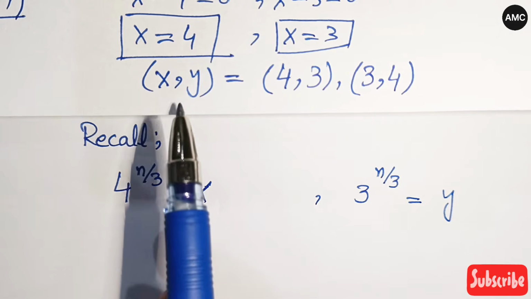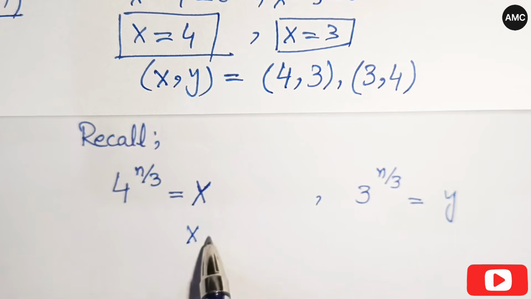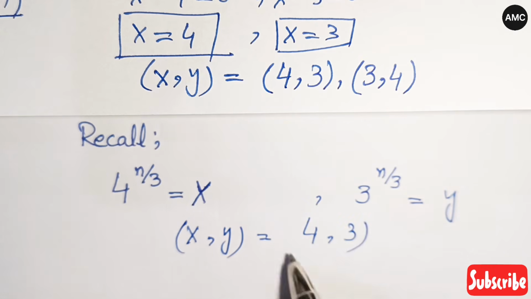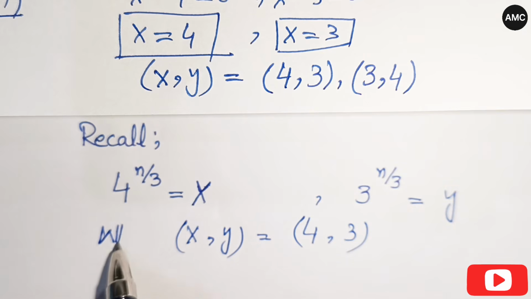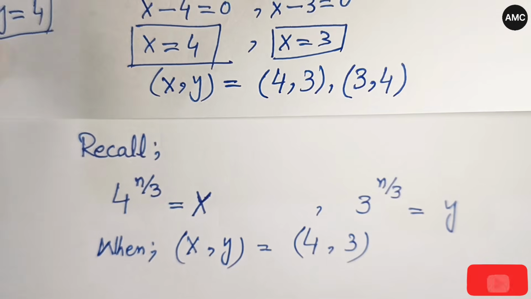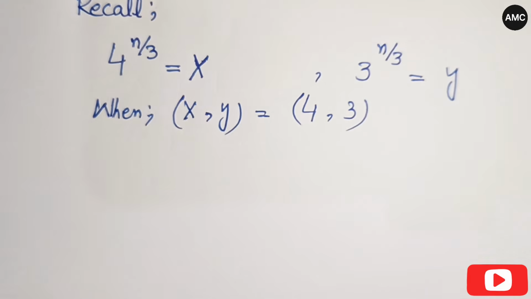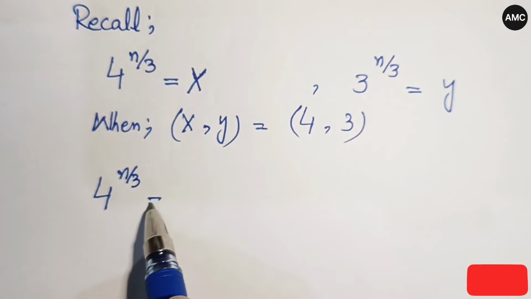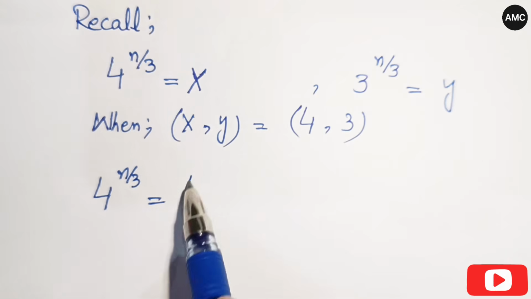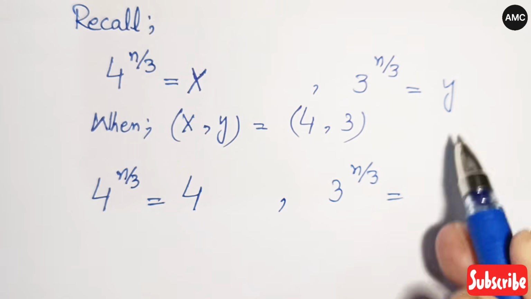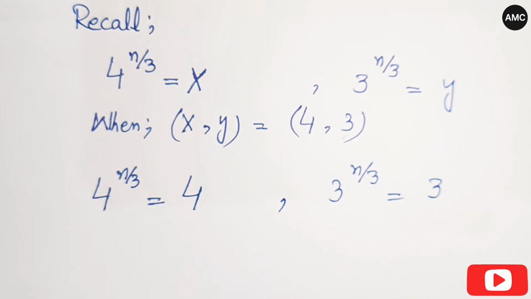Now applying the first values of x and y, which is the first pair, when x and y are equal to 4 and 3. When we put these values, we get 4 to the power n over 3 is equal to x, so the value of x is 4, and 3 to the power n over 3 is equal to y, so the value of y is 3.